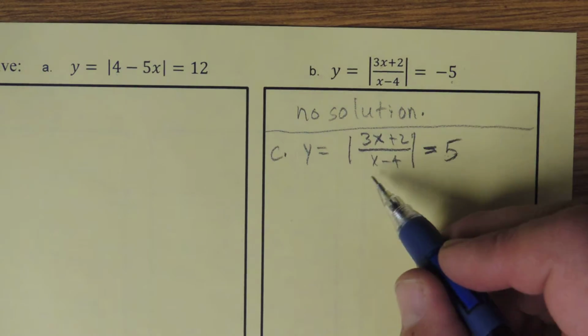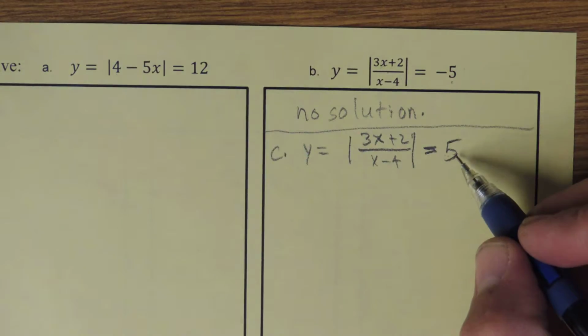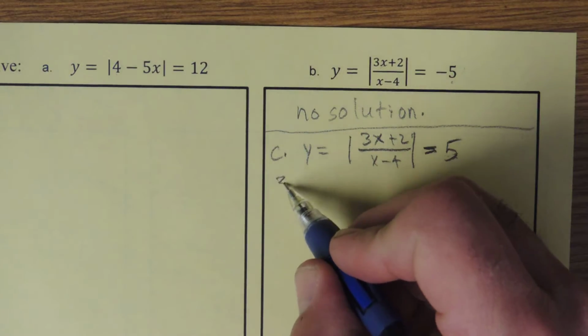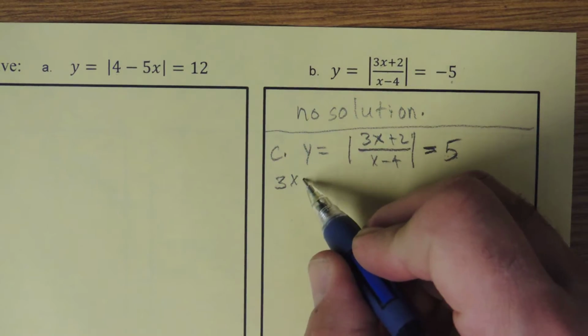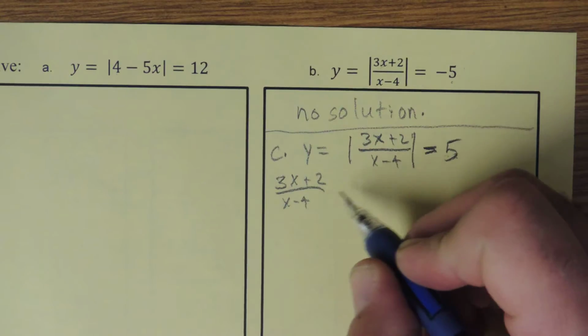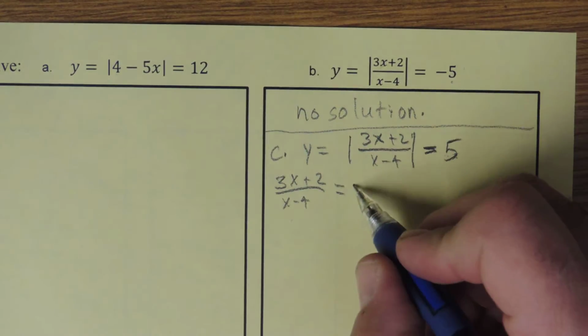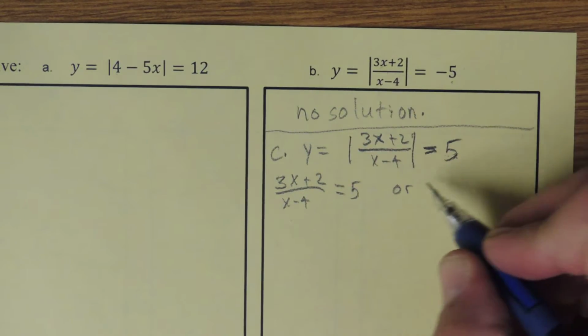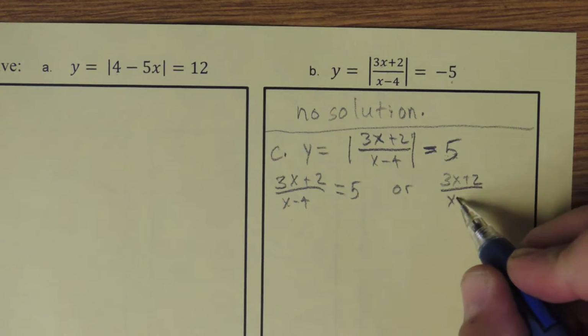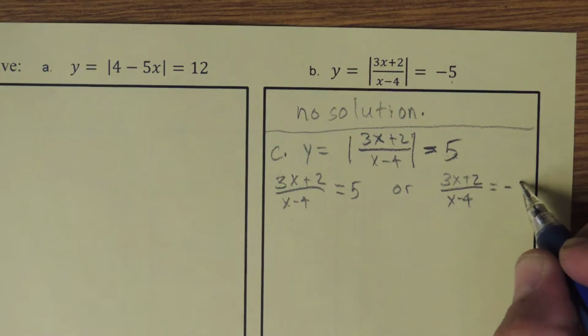If this is negative 5, the absolute value will make it positive 5. So either way, I'm going to write both possible solutions. (3x plus 2) divided by (x minus 4) equals positive 5, or (3x plus 2) divided by (x minus 4) equals negative 5.